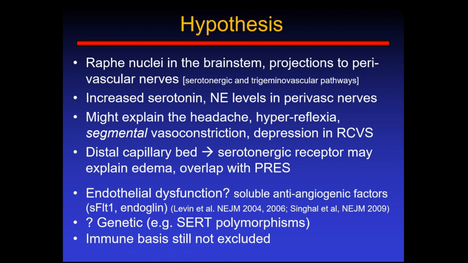So if there's excess serotonin or excess sympathomimetic release in the perivascular nerves, it might precipitate both the headache and the angiographic narrowings that you see, and culminate in the stroke. Depending upon the mechanism of the serotonergic receptor, proximal, it causes vasoconstriction, and more distal, the other serotonergic receptors might promote endothelial leakage and dilatation of the capillary bed.